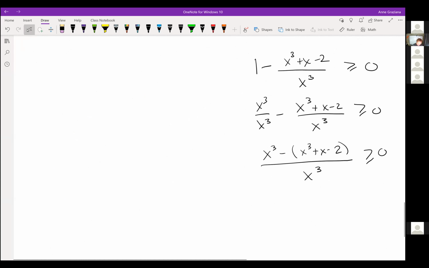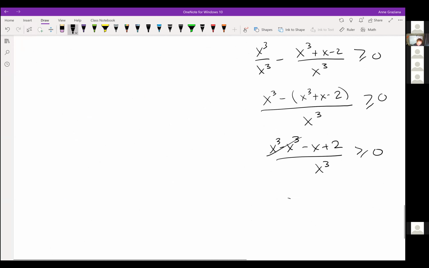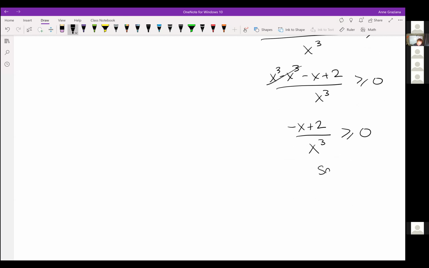So we end up getting x cubed minus x plus 2 all over x cubed greater than or equal. And I have negative x plus 2 over x cubed is greater than or equal to 0. This is the same as x minus 2 over x cubed less than or equal to 0.